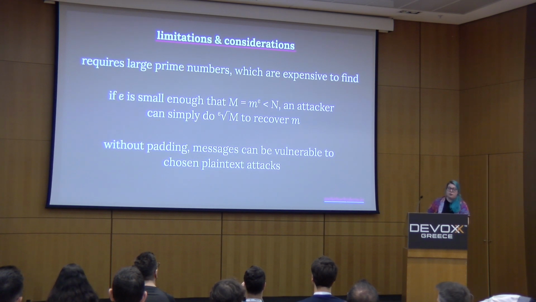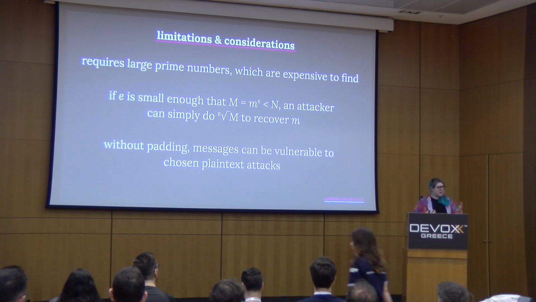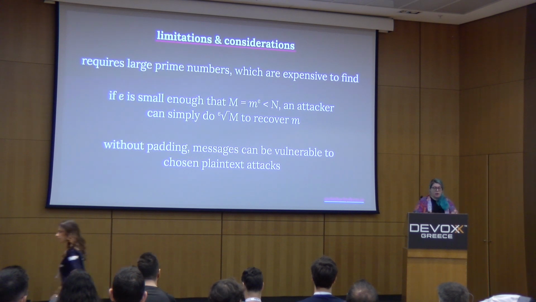And the other thing is that this is vulnerable to certain kinds of attack where, due to its mathematical properties, if I take your public key and I encrypt a message that I think somebody is likely to send, now I know what that message looks like and I can keep an eye out for it in your encrypted traffic.